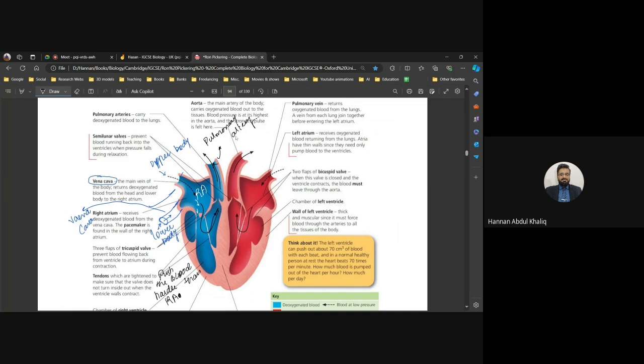So the blood goes to the lungs, then gets back from the lungs. All right, now it has become oxygenated. It would enter the left atrium, which would now pump the blood into the left ventricle.